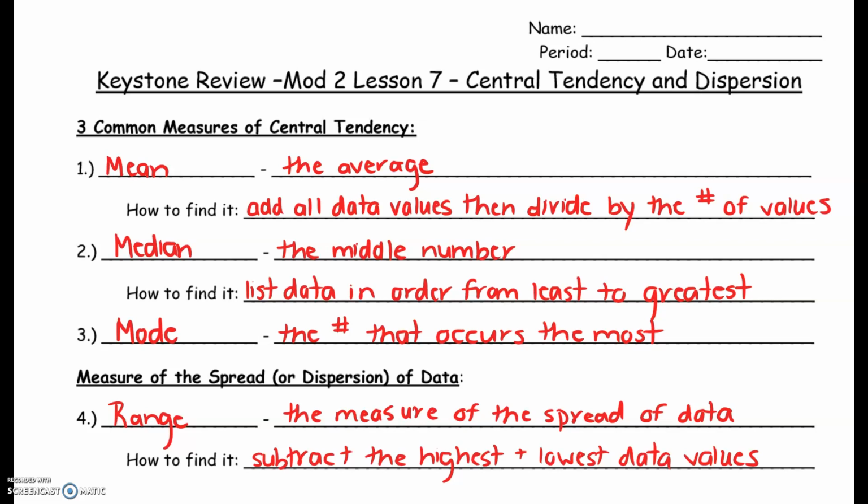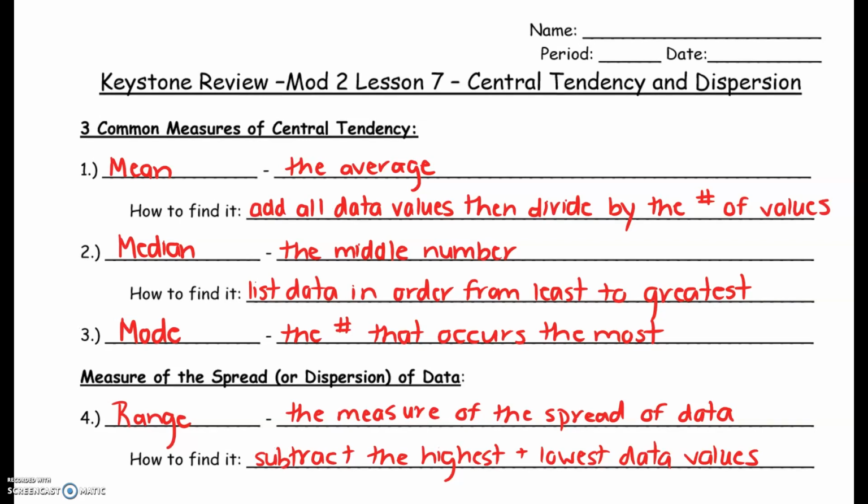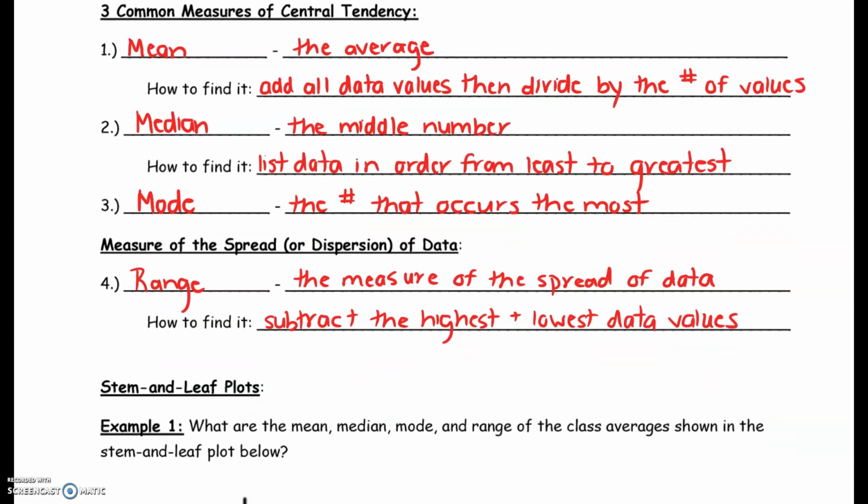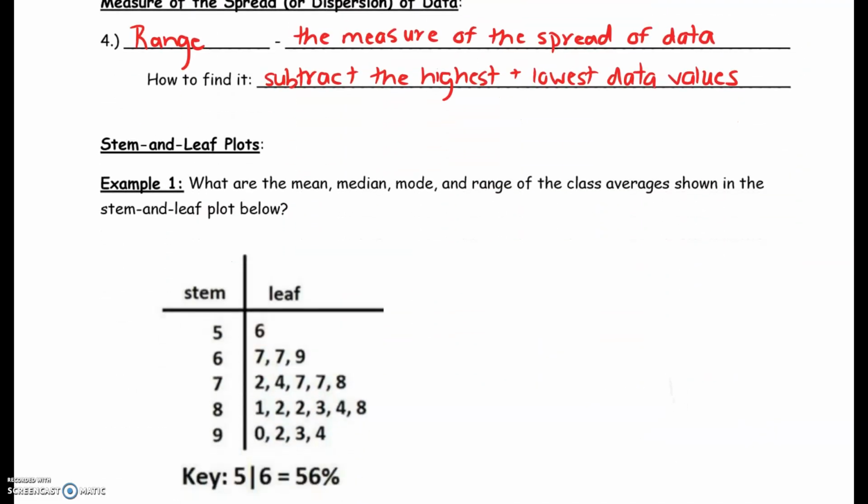Now, we need to understand these 4 concepts in order to help us answer questions. And typically, the way that these are brought up on the Keystone exam is using some kind of graph or table that we have to find the data from. One of the types of data that they like to show is a stem and leaf plot.